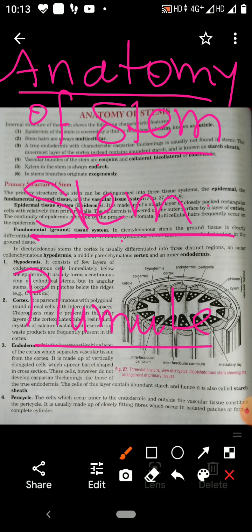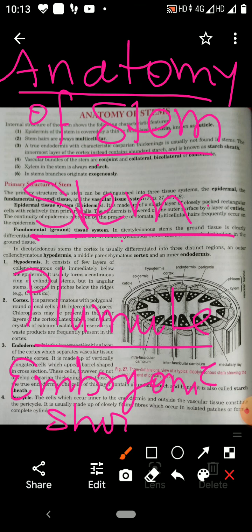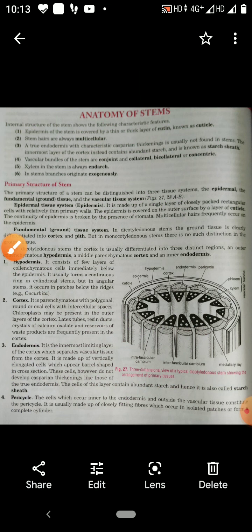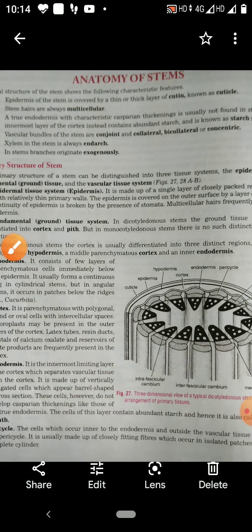Plumule is the embryonic shoot. So from this stem, branches and leaves, that means the aerial parts of the plant, will develop. So you have to study the internal structure of the stem, that is, the anatomy of stem.